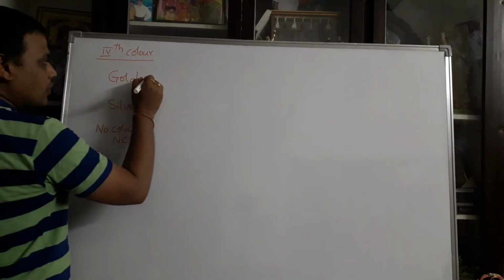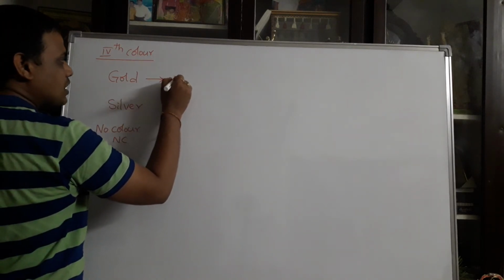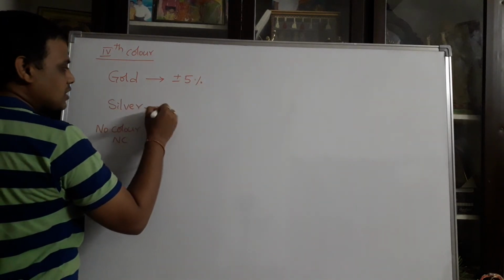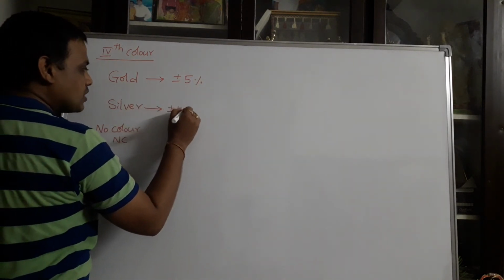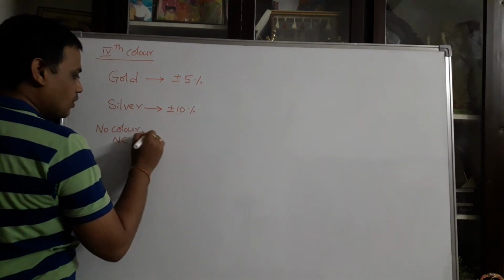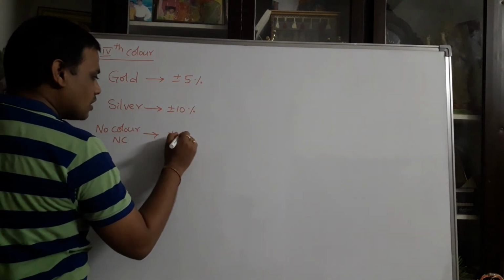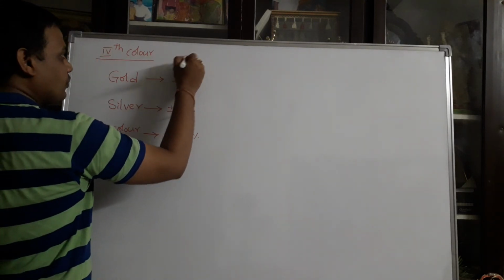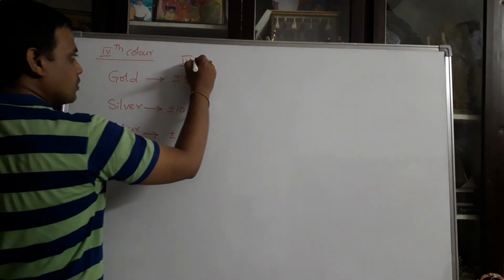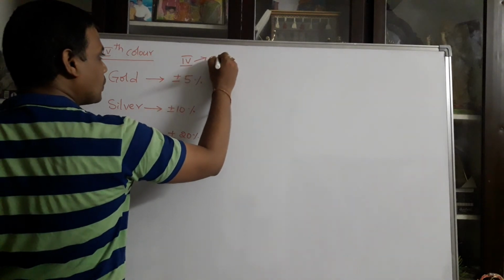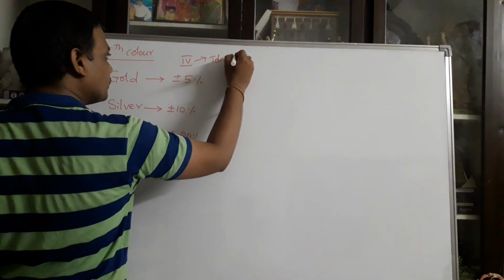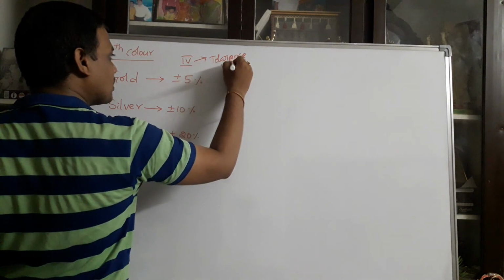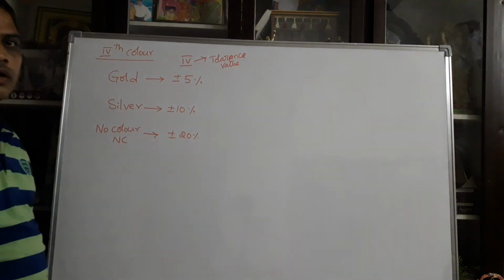Gold's value can be taken as plus or minus 5%, silver as plus or minus 10%, no color as plus or minus 20%. This is in the fourth band of color, which gives the tolerance value. Tolerance value is nothing but the low value and high value.